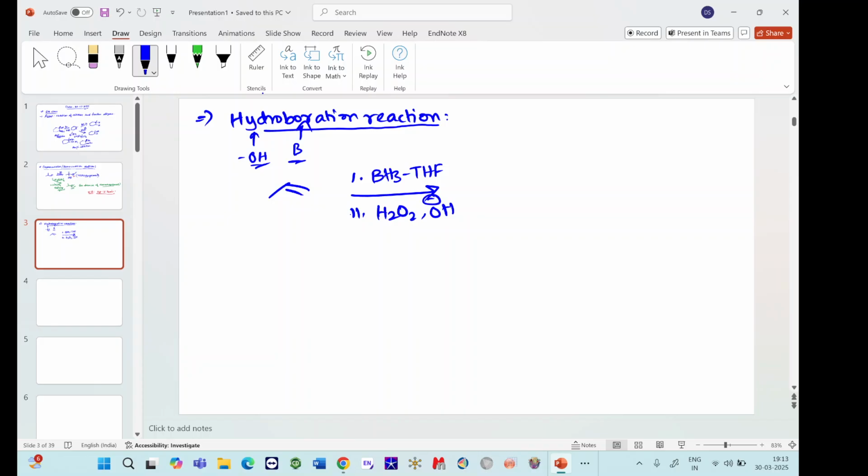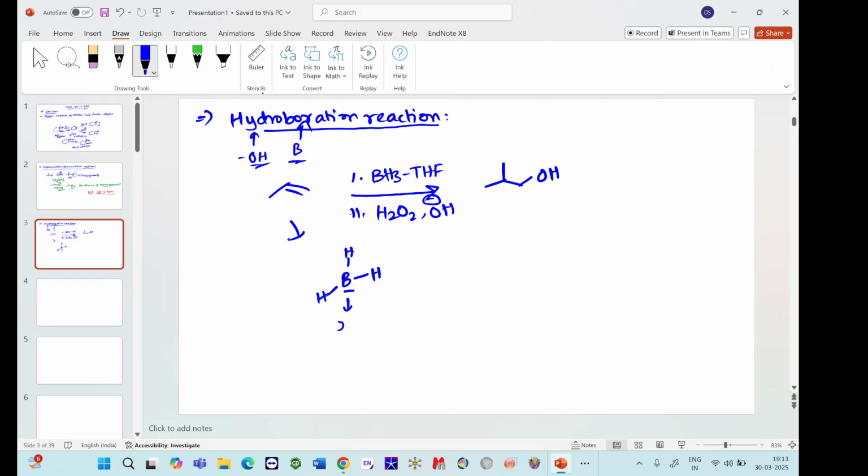So the reaction goes on like that. The product here would be this, and the mechanism: BH3 is electron deficient, right?